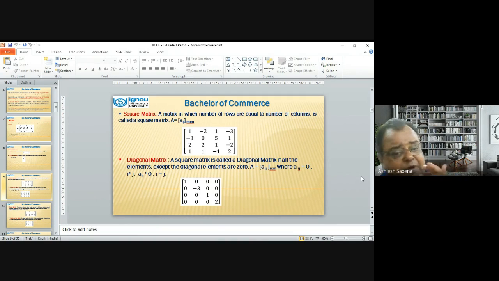This is a perfect example of a diagonal matrix. If in place of zeros there is any number present, then it won't be an example of a diagonal matrix.